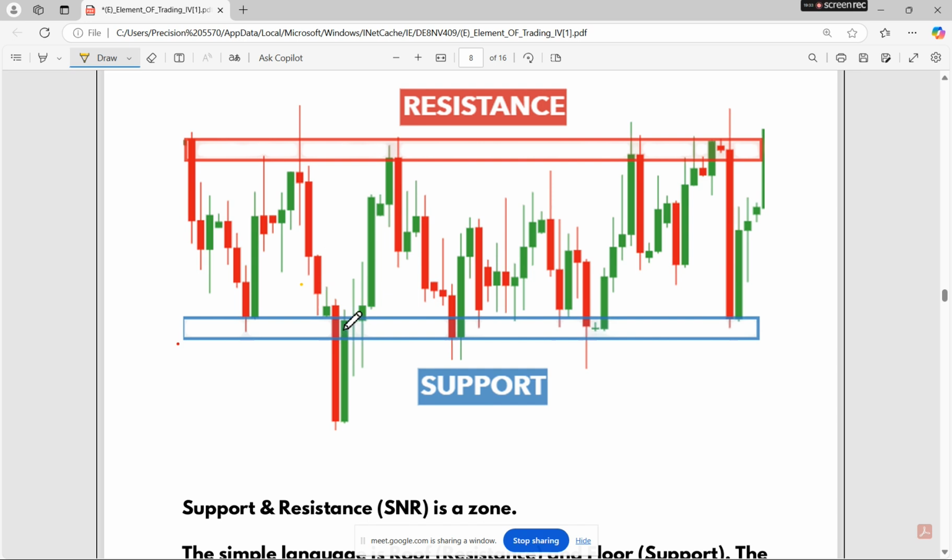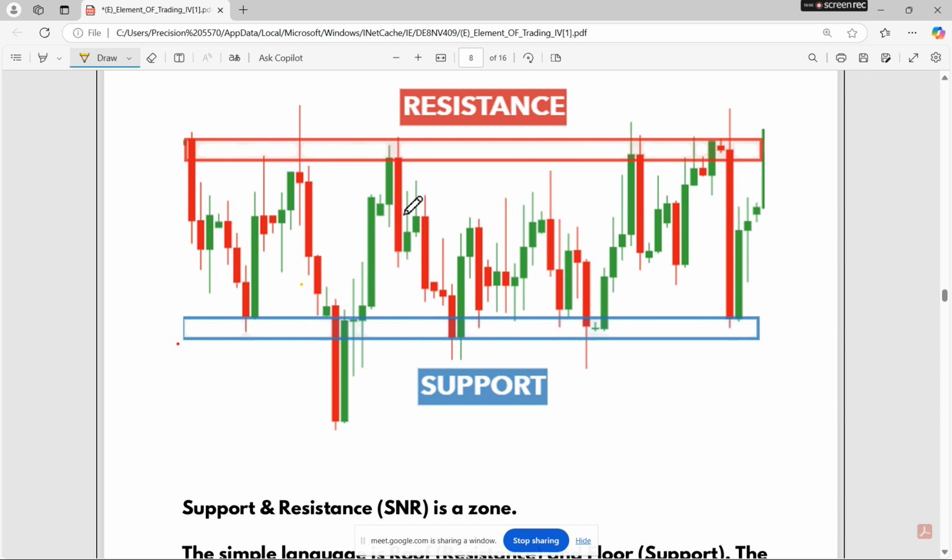So here the market reached the support zone, tried to break through, then bounced off and gave confirmation for buying, and we had already found our swing high for our resistance. Then the market rose and reached our resistance zone.